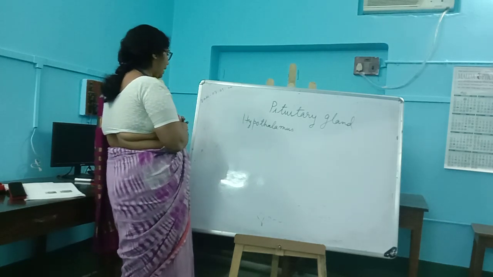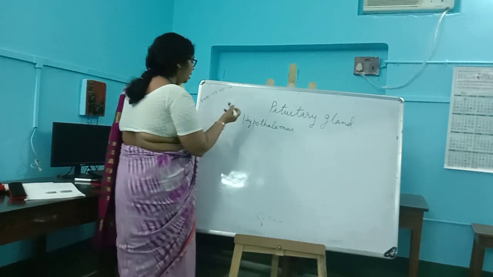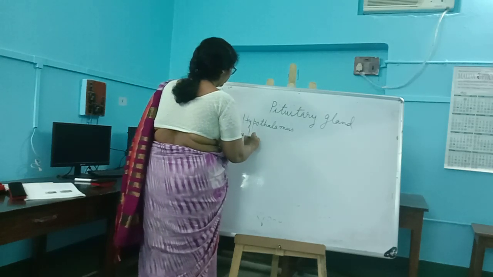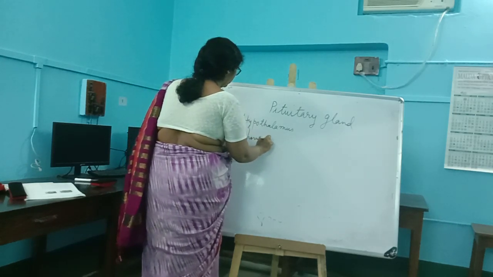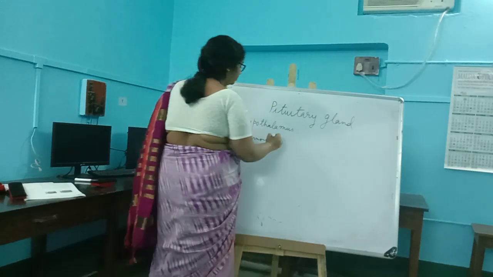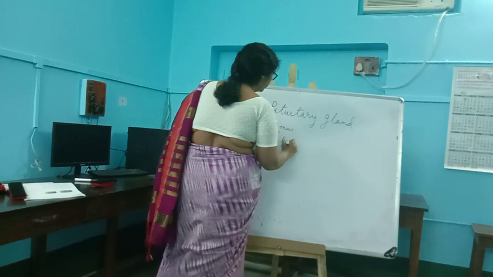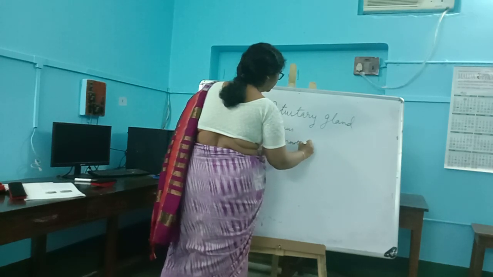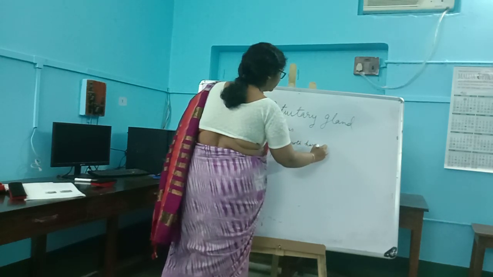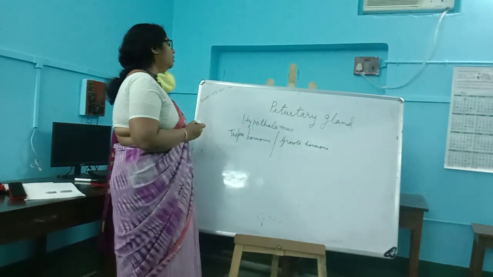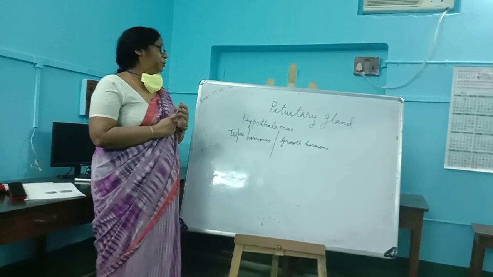From the pituitary gland, the most important things that you get are the tropic hormones, and you will be getting the growth hormone. These 2 will come out from the first lobe, or the anterior lobe, of the pituitary gland.